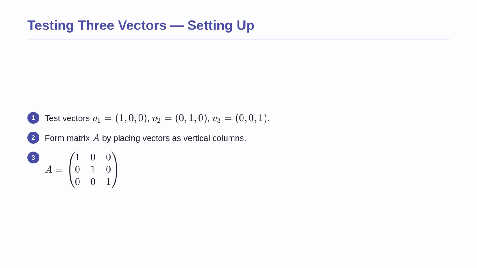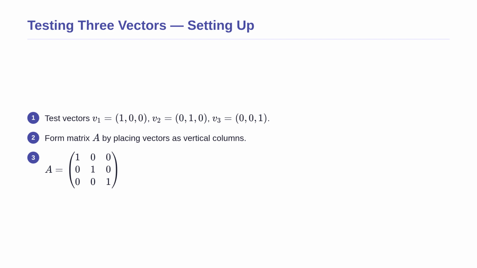Now let us look at a slightly more complex example using 3 dimensions. We need to determine if the vectors (1, 0, 0), (0, 1, 0) and (0, 0, 1) are linearly independent. Instead of the algebraic equation, we will use the matrix rank method because it is much faster for larger sets of vectors.